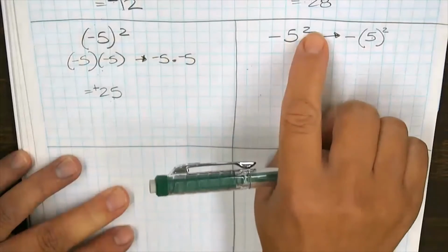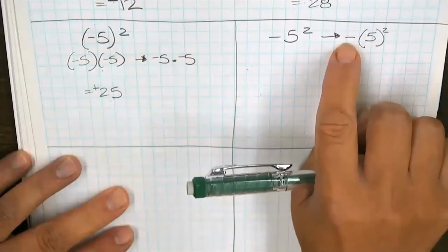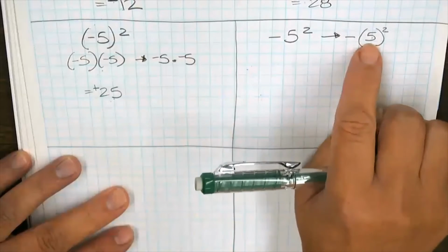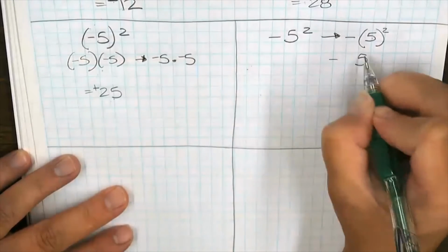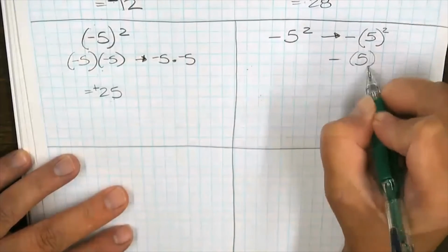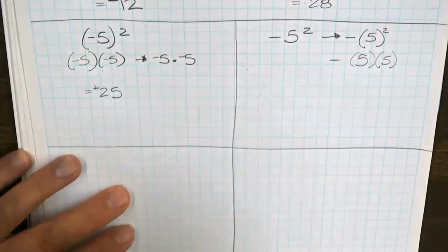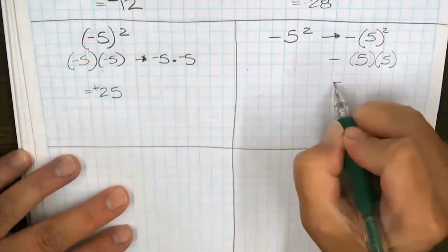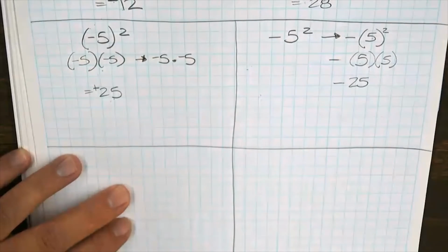Here, we're only squaring the 5, not the negative sign. So what this is telling me is we have negative 5 times 5. Well, the negative comes down and 5 times 5 is 25.